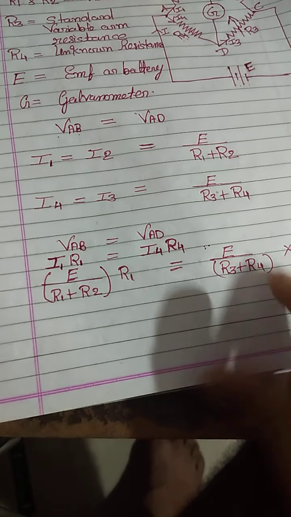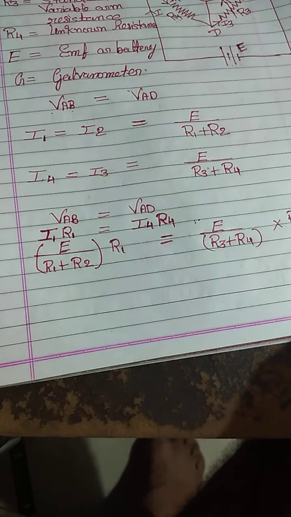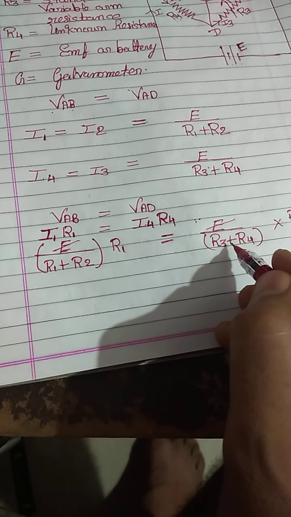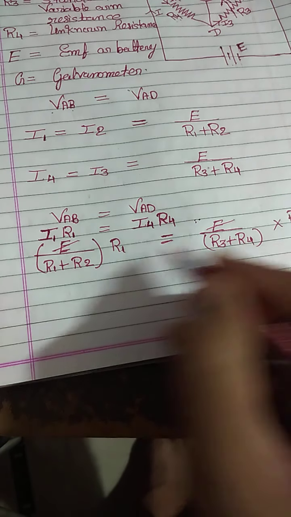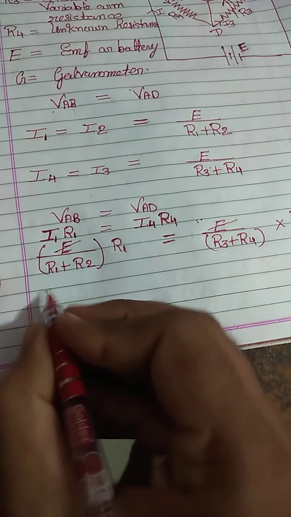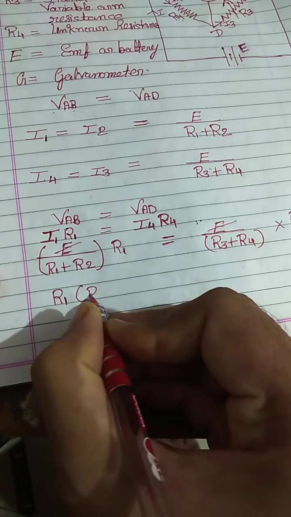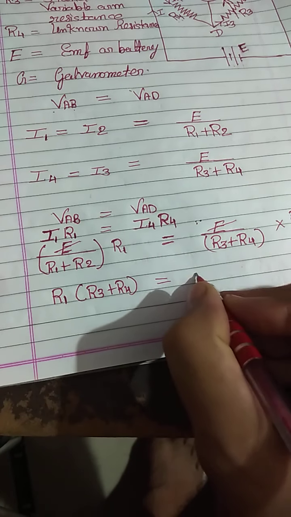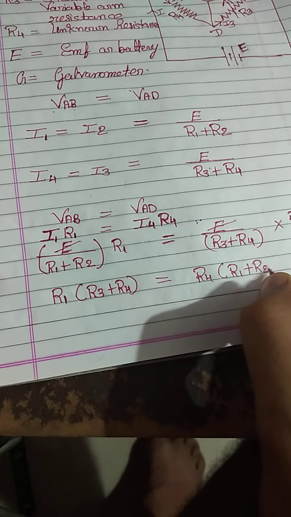Now these two expressions are on separate sides of the equal sign, so E will be cancelled. We carry out cross multiplication: R3 plus R4 is multiplied with R1, equals R4 into R1 plus R2.